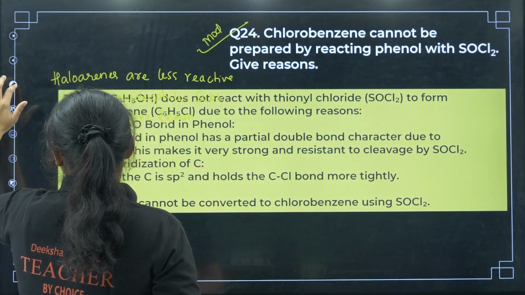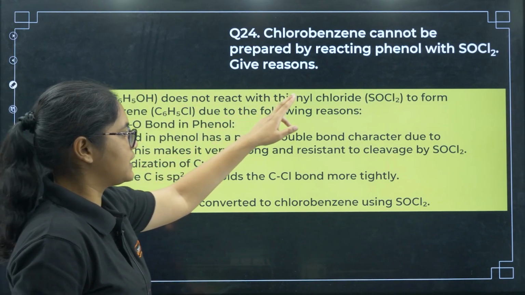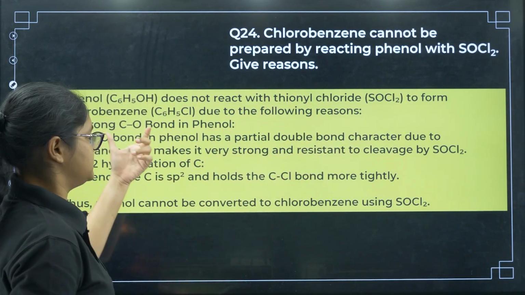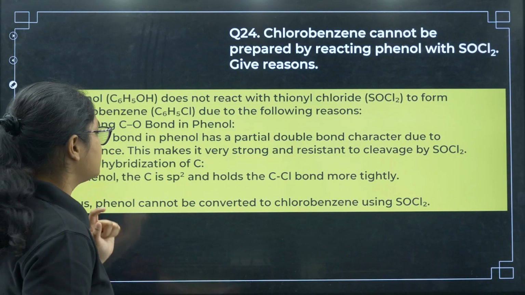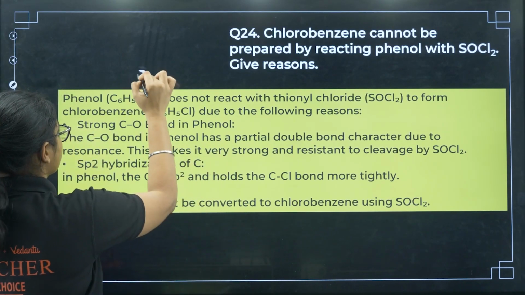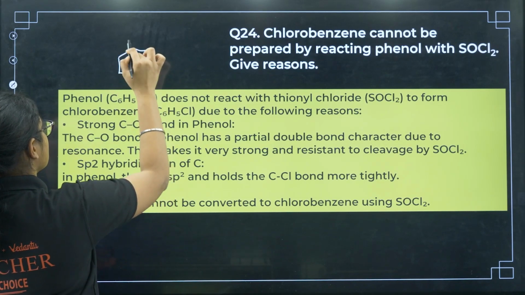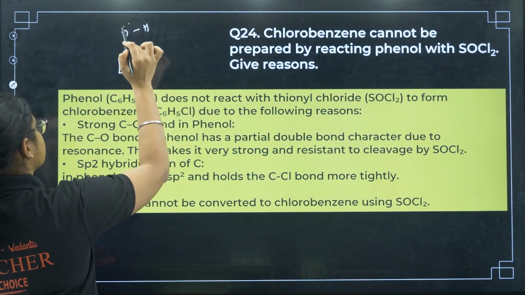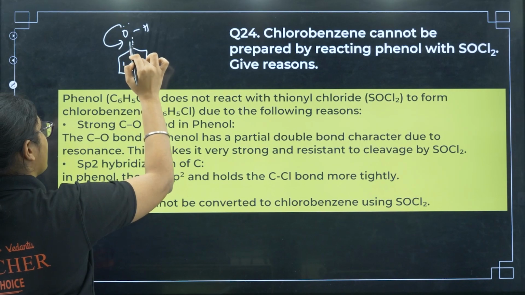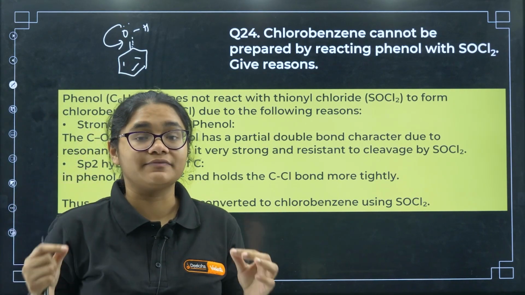But yes, you have to frame it in a little bit different way: phenol does not react with thionyl chloride to form chlorobenzene due to the following reasons. The first reason is the strong C-O bond in phenol. So this is phenol, right? In phenol, we have a lone pair, these electrons come here and a partial double bond is formed, and this carbon to oxygen bond is very strong.